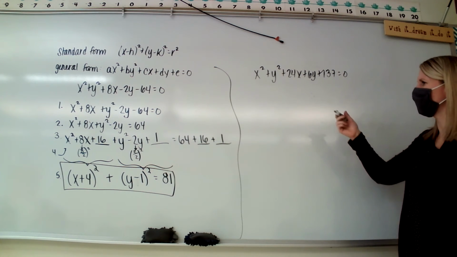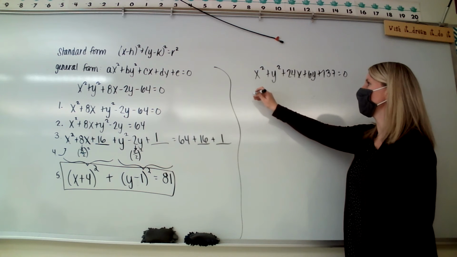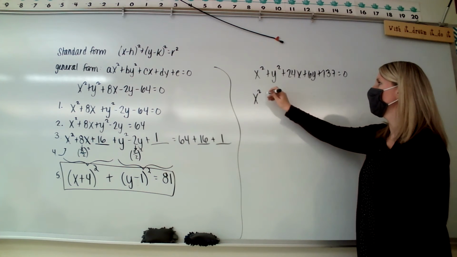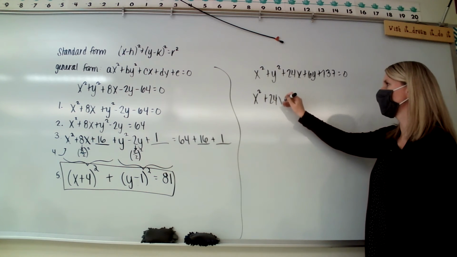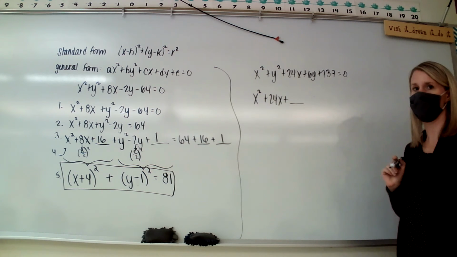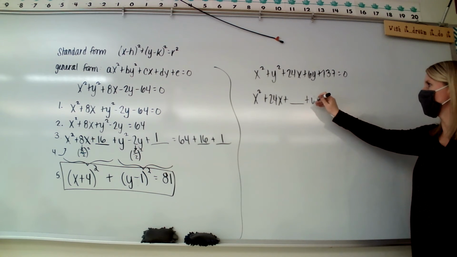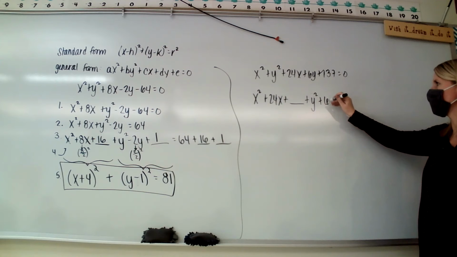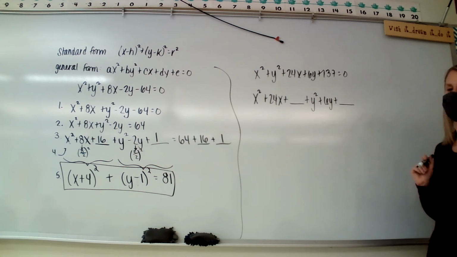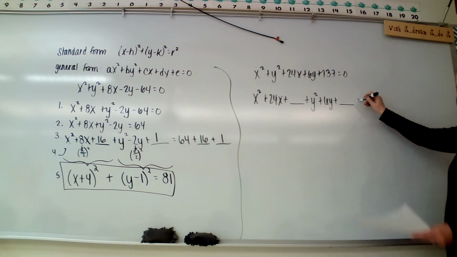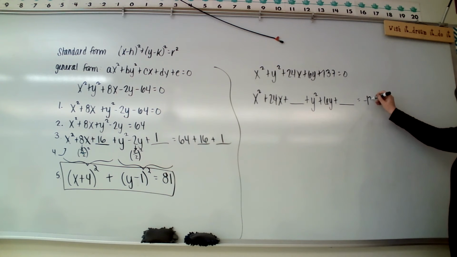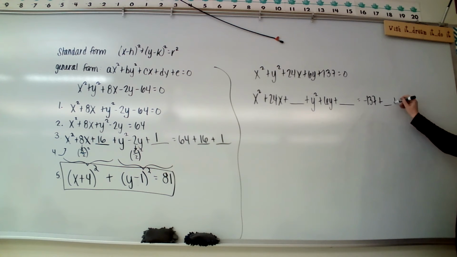Why make more steps than we have to? So I'm going to write this as x squared plus 24x plus blank, plus y squared plus 6y plus blank, and I'm going to move that constant over: negative 137 plus blank plus blank.